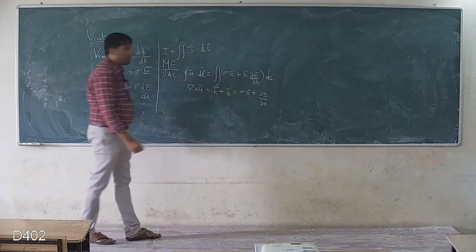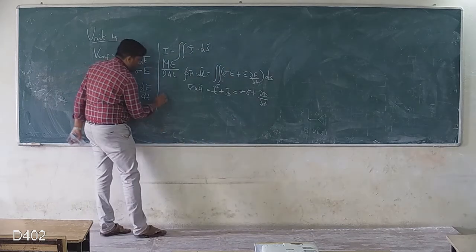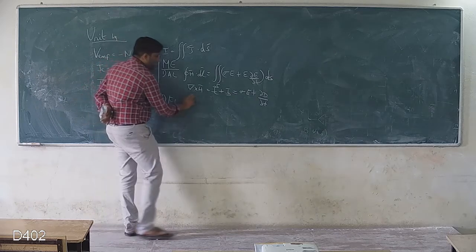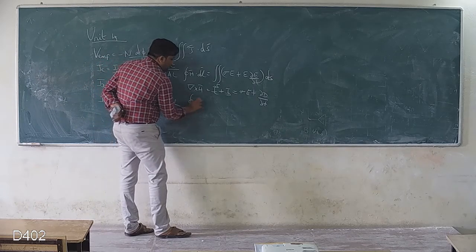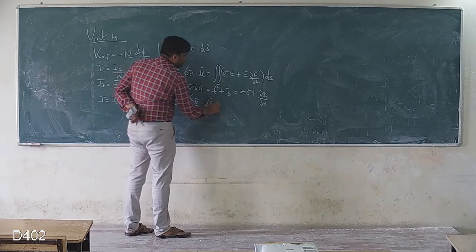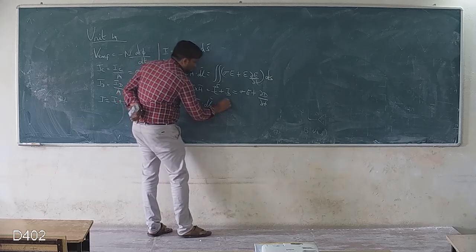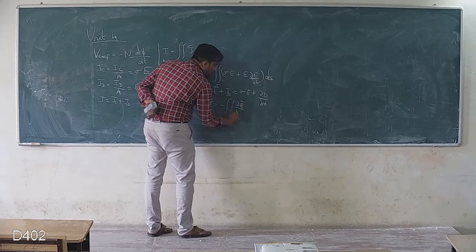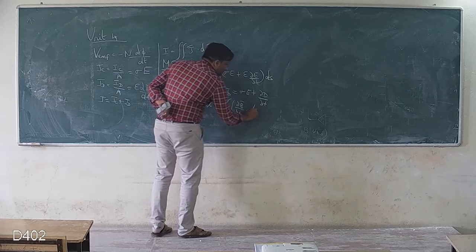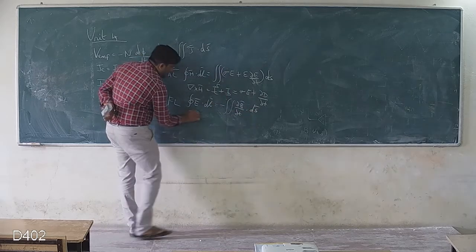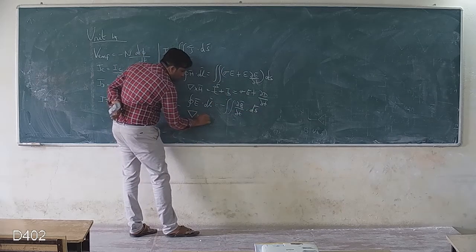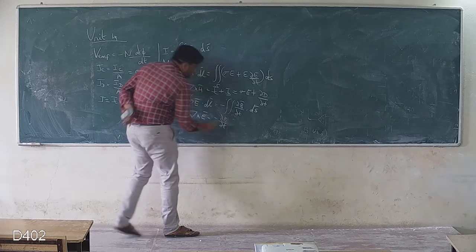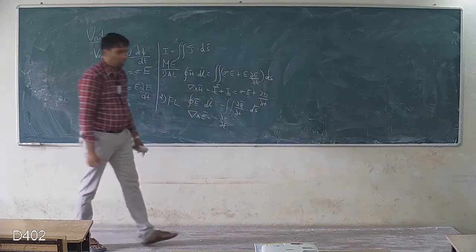This is the first Maxwell's equation. Second formula, Faraday's law. With the help of Faraday's law, we can write integral E dot dl is equal to minus double integral dou B vector by dou t into ds, or del cross E vector is equal to minus dou B by dou t. This is your second formula.